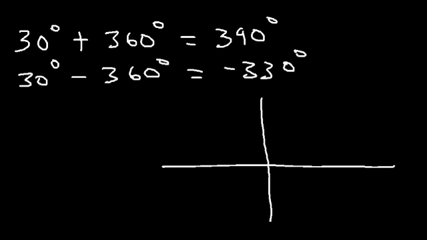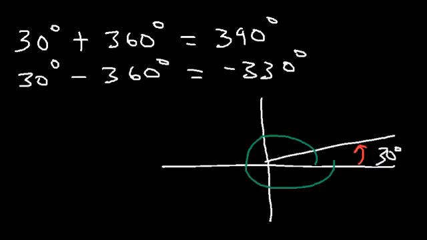Now let's talk about what it means. 30 degrees is positive, it's in the first quadrant. 390 is also in the same quadrant. This is 90, 180, 270, 360, 390. Notice that 390 and 30 land in the exact same position.